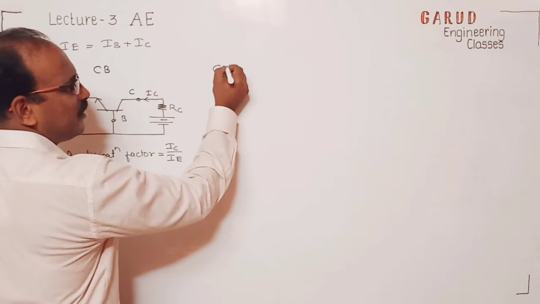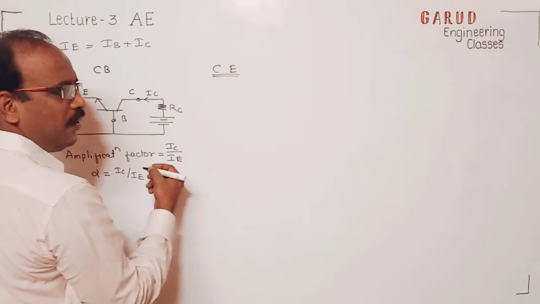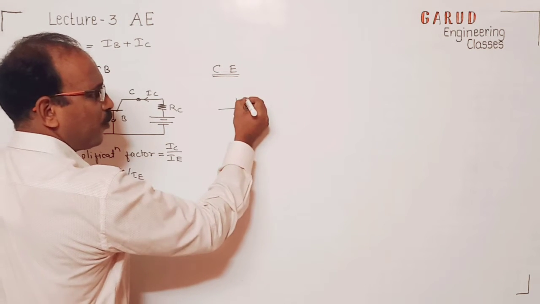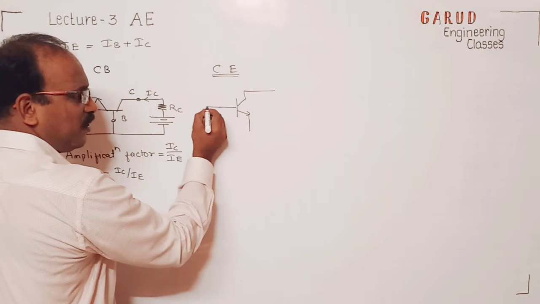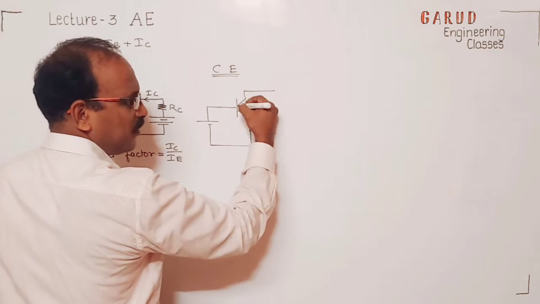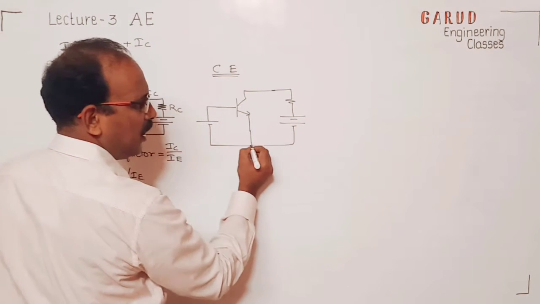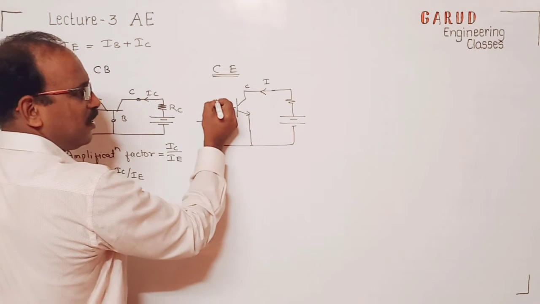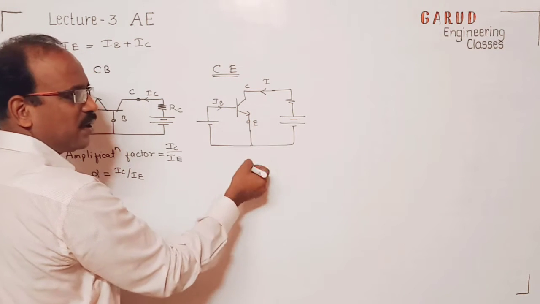Now I consider common emitter. I draw it with the emitter common, as I told you how to draw this. This current is outgoing, so this current must be incoming. So I connect a resistor here, which is the bulb. This is the collector, this is the base with current IB, and this is the emitter.